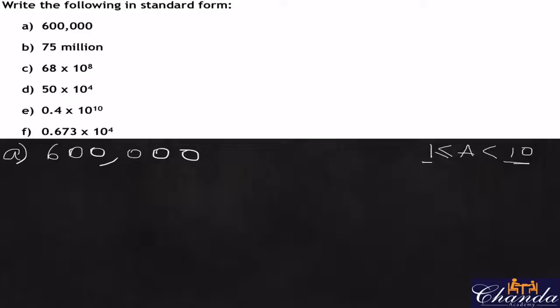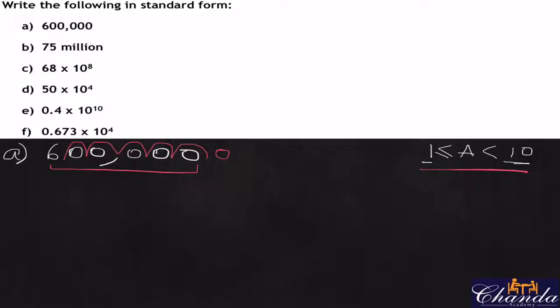Now, 600,000 can also be written as 600,000.0 if we were to write it as a decimal. Now remember, we have this particular number here that does not obviously fall into this range here. To make it fall into that particular range, we would have to move this decimal point 1, 2, 3, 4, and then 5.